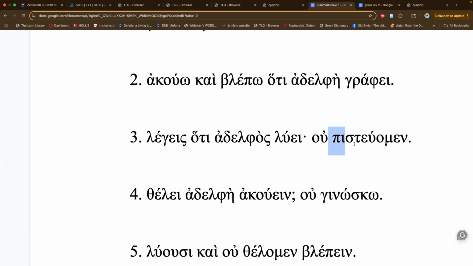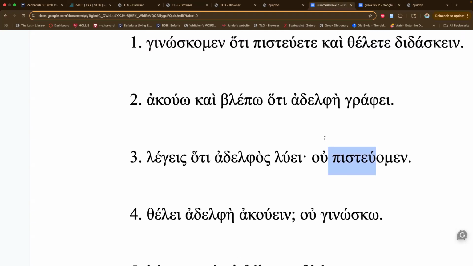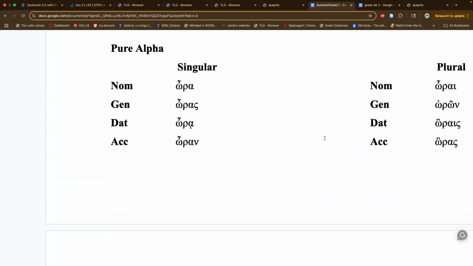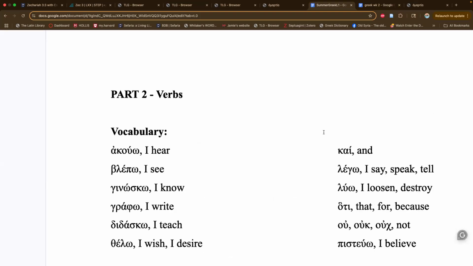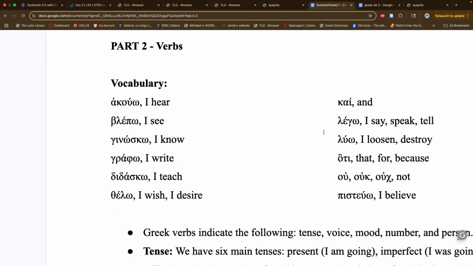So this one is, and it's helpful to some degree to split off what is part of the root of the verb and what's the ending. So here, if we go back to the vocab for part two, you have akuo, blepo, ginosko, grapho.